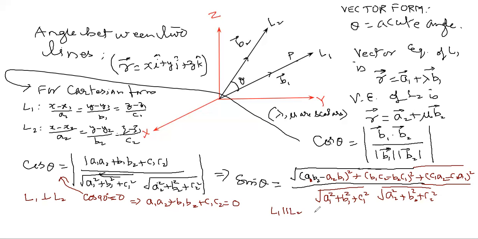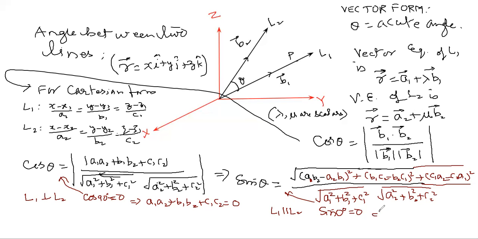And if L1 is parallel to L2, then sine 0 degree is 0. Here in this formula, we'll put sine 0 degree equal to 0, so everything will be equated to 0. So A1 B2 minus A2 B1 will be equal to 0. So we will get A1 upon A2 is equal to B1 upon B2.